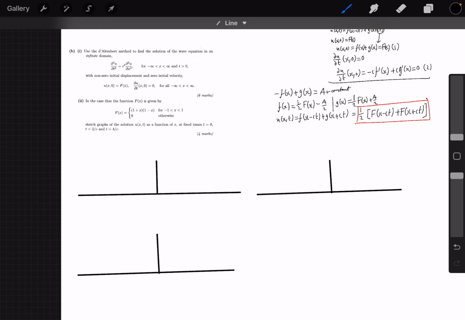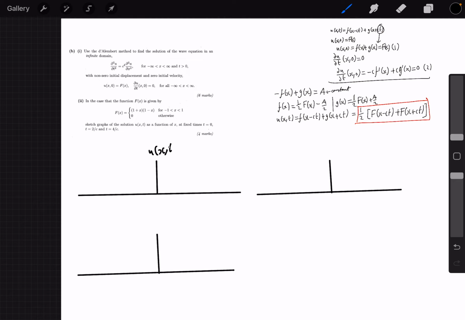So if I'm laying it out quite simply here, these are just the axes that we're given, and this is the x-axis, and this is the x-axis. For when t equals 0, I'll write this down, and then I'll change to the red pen, which makes it more clear.